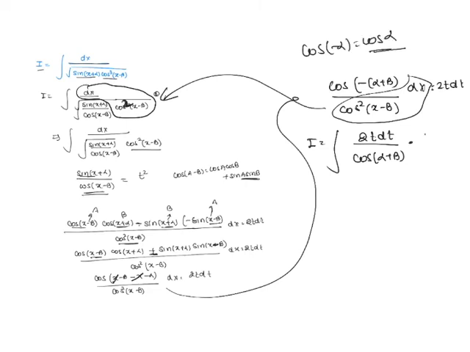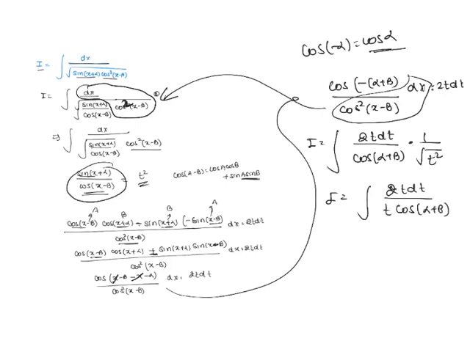Into 1 upon root over, this value is t square, so this is t. So I equals 2t dt divided by t into cos of alpha plus beta. So t gets cancelled. 2 by cos of alpha plus beta is outside, and the integration of dt is nothing but t. So 2t divided by cos of alpha plus beta plus c.